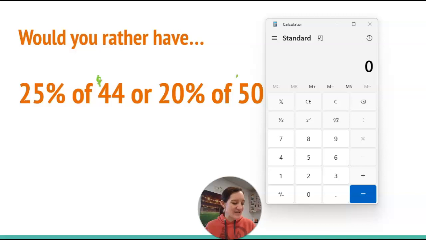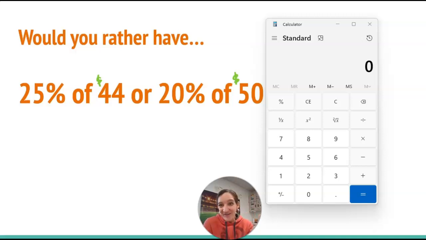If someone offered to give you 25% of the $44 that they have, or if someone else offered to give you 20% of the $50 that they had, which one would you go for? You're like, well, 25% is a larger percentage, but $44 is a lesser amount, right? 20% is lesser, but 50 is more. Which one should you go with?